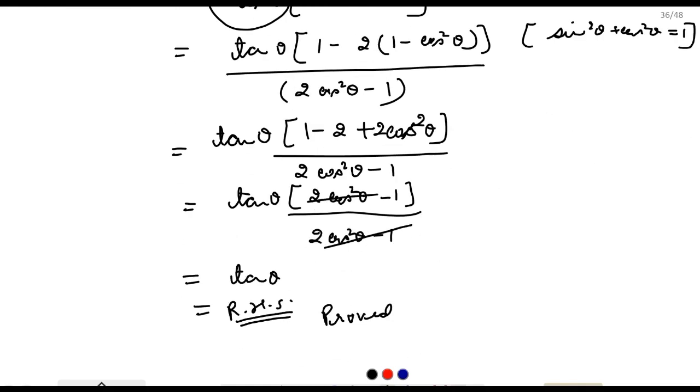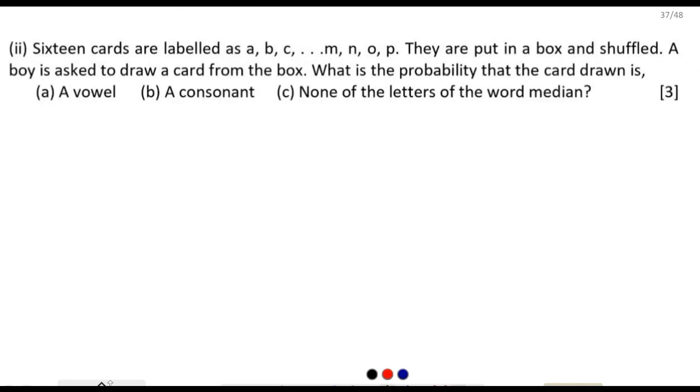Next part from probability. 16 cards are labeled as A, B, C up to P. They are put in a box and shuffled. A boy is asked to draw a card from the box. What is the probability that the card drawn is a vowel?